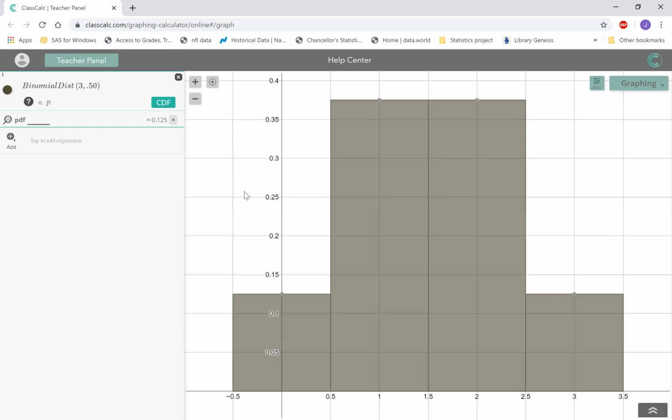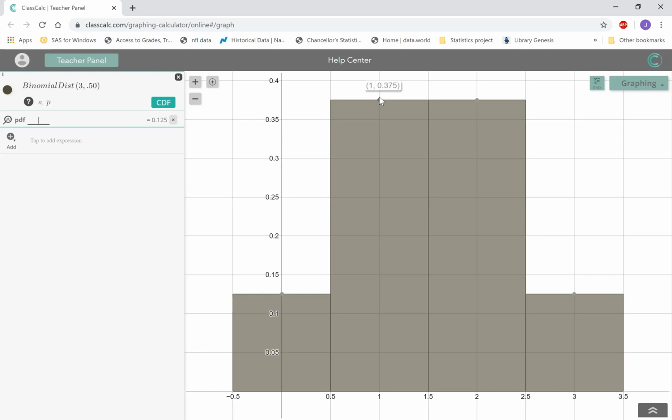All right. So there's one way that you could do it. If you look at this right now, you should be looking at a histogram. The histogram is for each outcome possible. So right here, if you look at 0, comma 0.125, the first number they give you is the X is equal to 0, and the second number is the probability. If I go up here, you notice it says 1, comma 0.375.